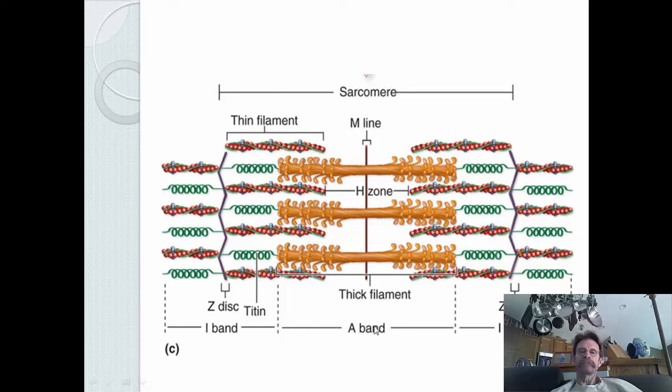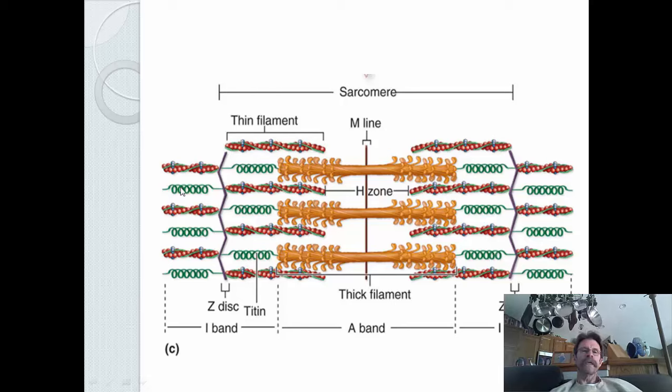The A band is where there's an overlap of the actin and the myosin. Remember, there are many of these within a muscle fiber. And then over here is that I band. If you look above the I band, it's only actin.